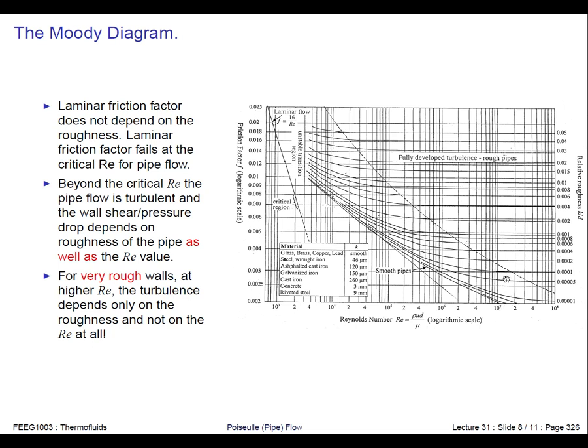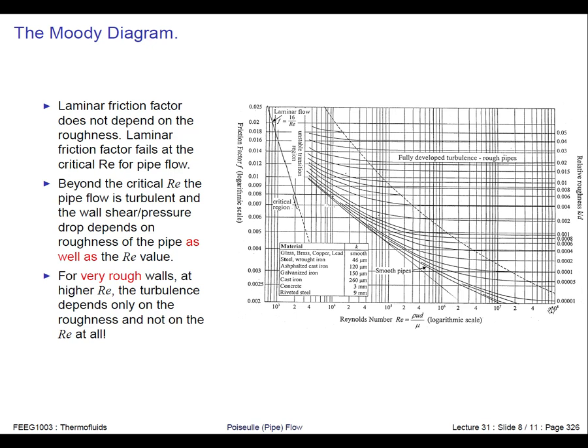All pipes are rough to some extent, and they are defined in terms of their relative roughness. This set of numbers corresponds to these lines, and this is the relative roughness, k over D, where k is the roughness and D is the diameter of the pipe.